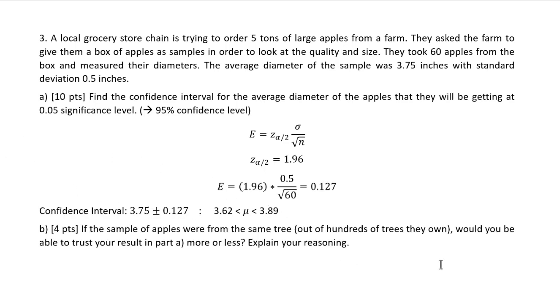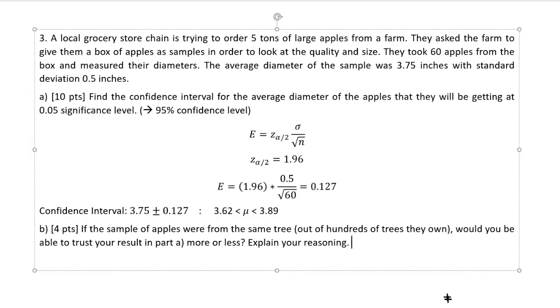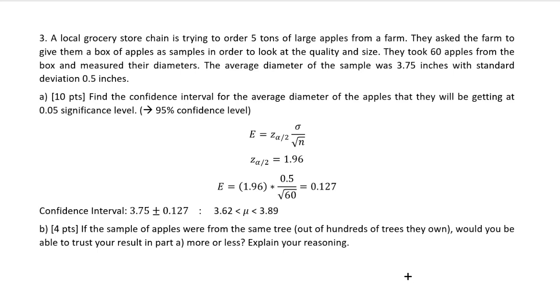Okay, next question. If the sample of apples were from the same tree out of hundreds of trees they own, would you be able to trust your result in part A more or less? Explain your reasoning. Well, I would trust it less, and the reason is, if you just have one tree, that tree could be somewhat different from other trees.